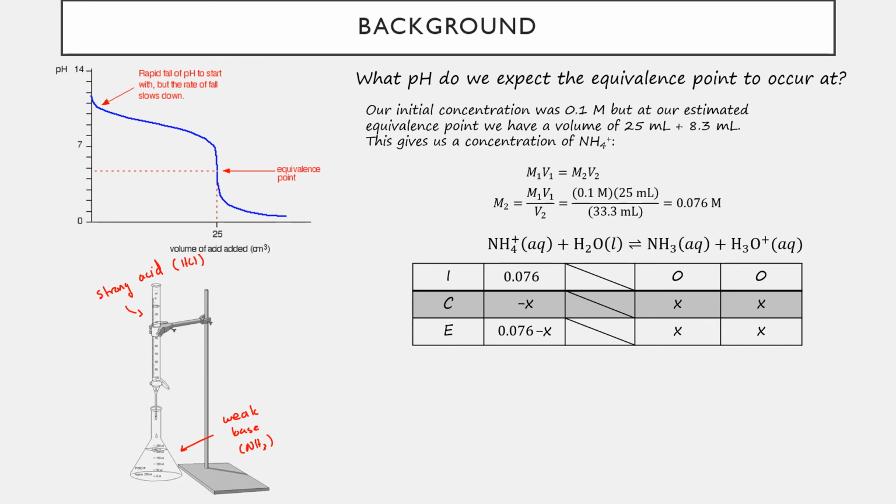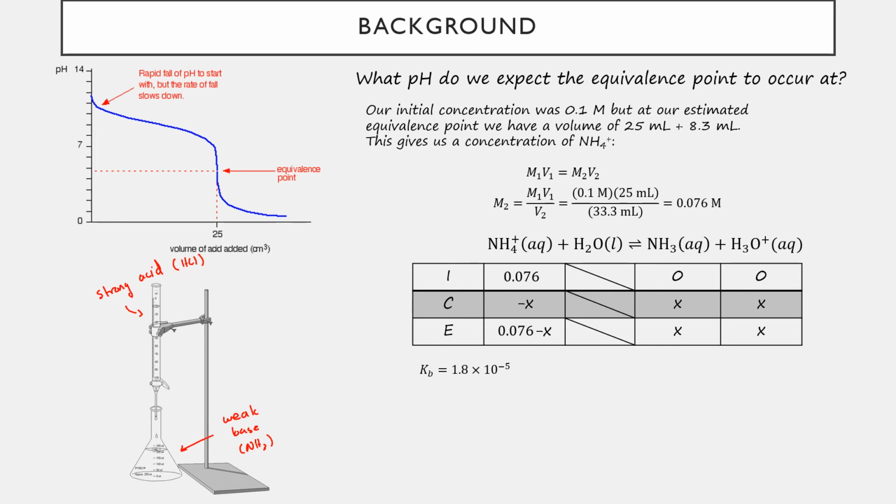Since they're all related by a 1-to-1 stoichiometric ratio, it's a minus x under that column for the change, and a plus x for the NH3 and the H3O plus as well. Summing those two previous entries, we end up with 0.076 minus x for the ammonium concentration at equilibrium, and x for the NH3 and H3O plus.